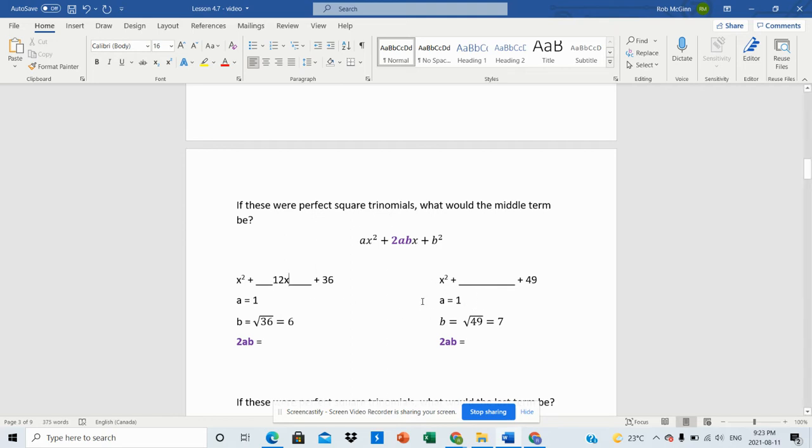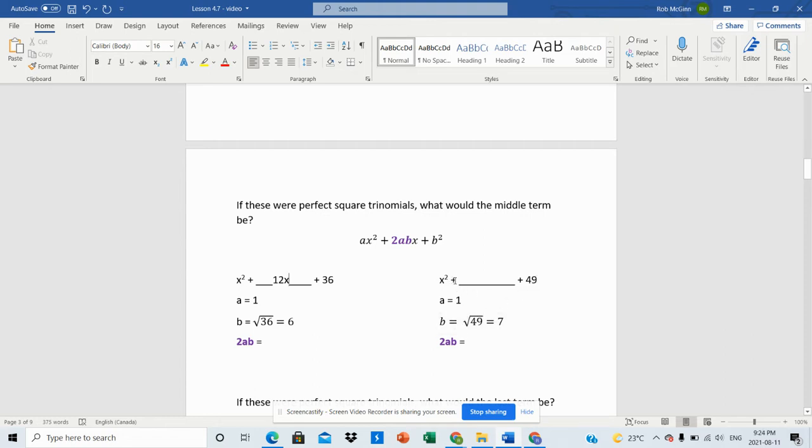Maybe pause this one here before I go through it and see if you can do it yourself. I've set it up for you. All right, so once again, we want the middle term. We're going to use 2 times a times b to find it. Well, a, that's our coefficient in front of x squared, which is just 1. B, well, we know b squared is 49, so to find b, we'll take the square root of 49.